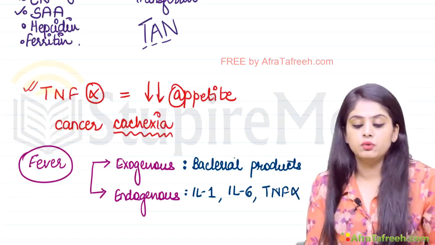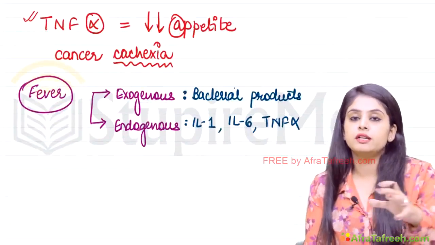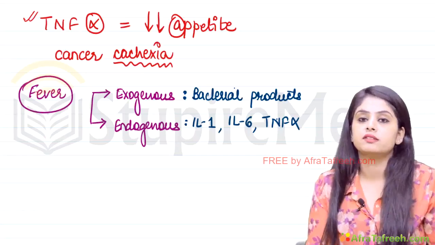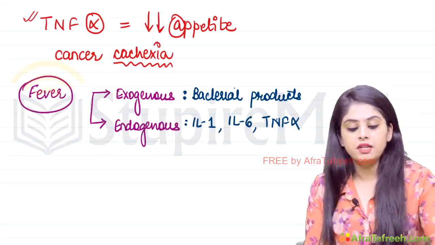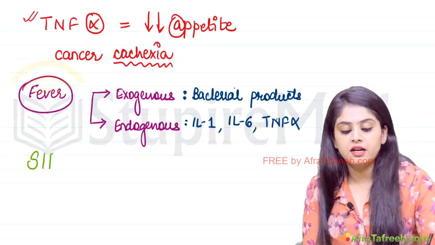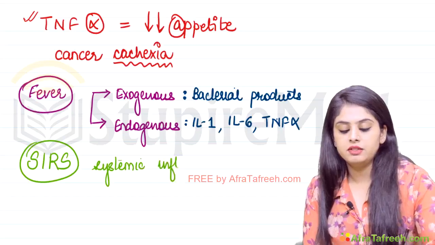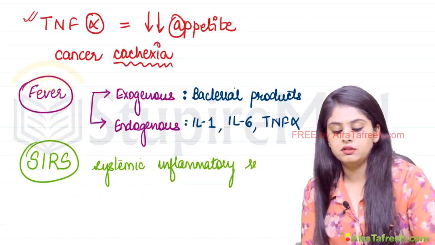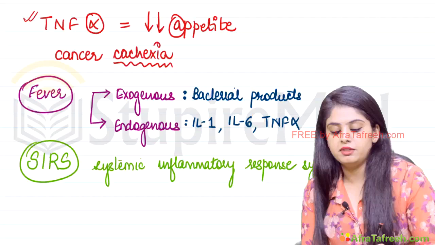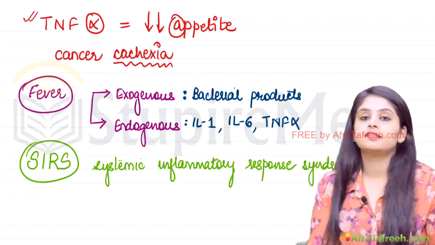After that, what we need to know is that when there is a person who is under the effect of all these cytokines, there is something known as SIRS, that is systemic inflammatory response syndrome. Systemic inflammatory response syndrome, SIRS.